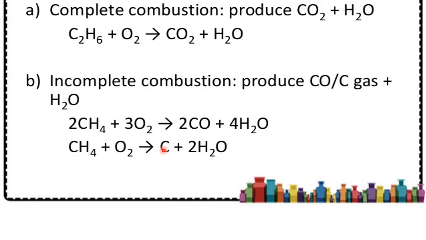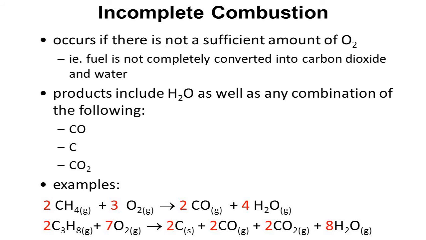This one is actually useful. The carbon particles are collected by some technique, then used as lamp black or carbon black in the printing area. All those we learn in the higher class. Now you see, incomplete combustion occurs if there is not a sufficient amount of O2, that is, the fuel is not completely converted into carbon dioxide and water.